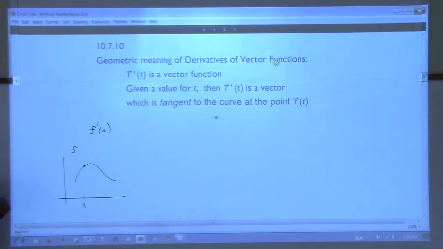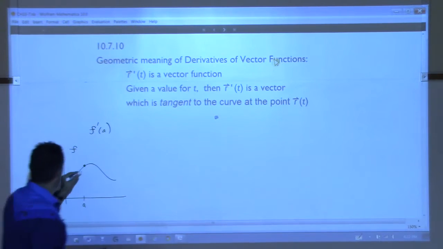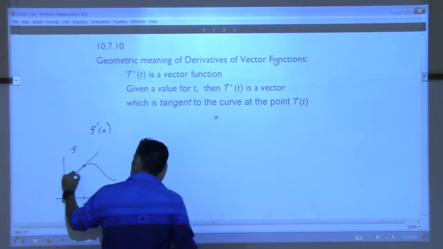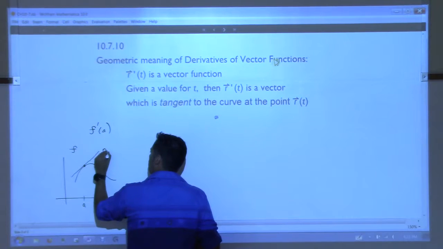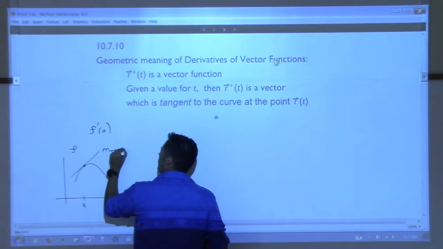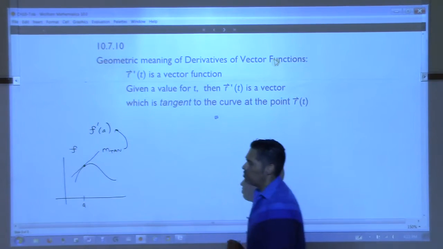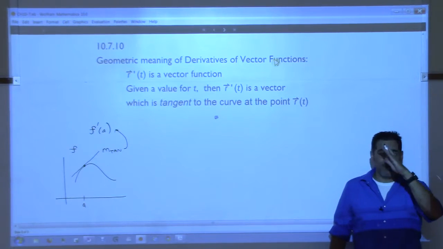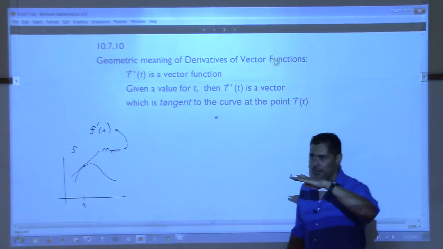It doesn't give you the tangent line, it gives you the slope of that line. The slope of that tangent line is equal to the derivative of that function at a. So all it gives you is the pitch of a line. That's what the derivative does here.